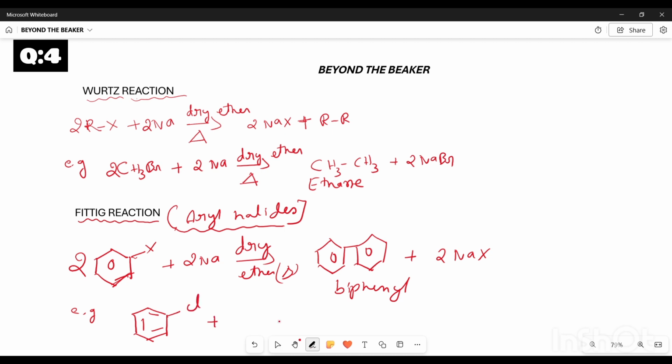When chlorobenzene is heated with metallic sodium in presence of dry ether, I take two molecules of chlorobenzene, removing 2NaCl, and the product I am getting is like this. This is biphenyl or diphenyl. This reaction is called Fittig reaction.